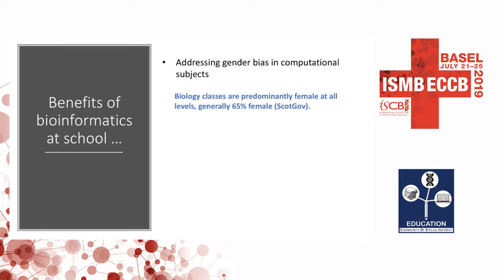So you're looking at about 65% of a biology class in a school in Scotland is female. And that really gives us a way to address a bias that is usually associated with computational subjects in schools.